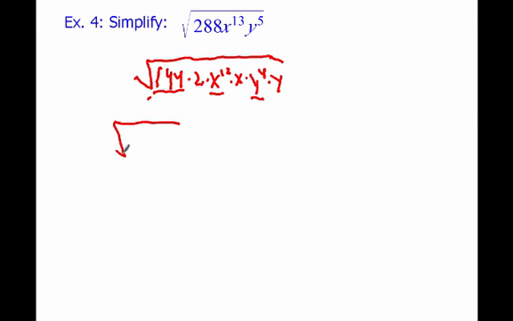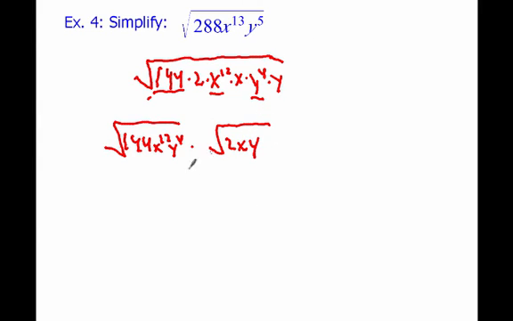So now I'm going to set up my two radicals. Perfect squares, non-perfect squares. So 144 goes here. So does x to the 12th. So does y to the 4th. And over in this one, my non-perfect squares, 2x and y.